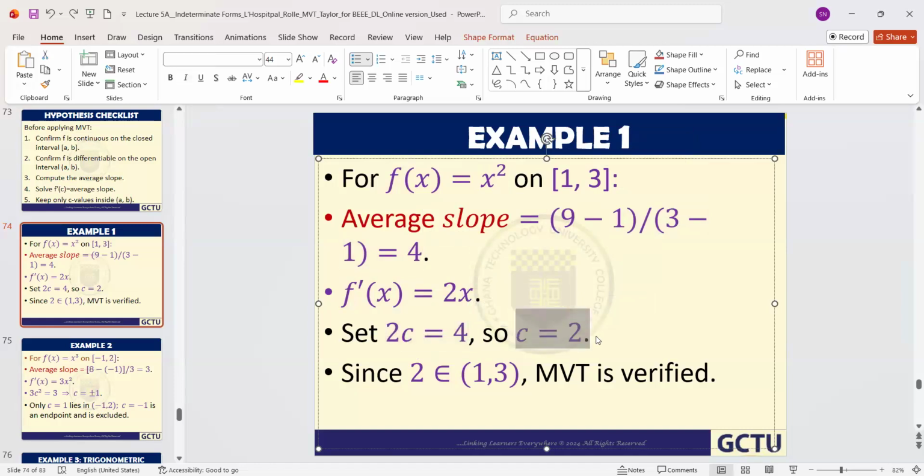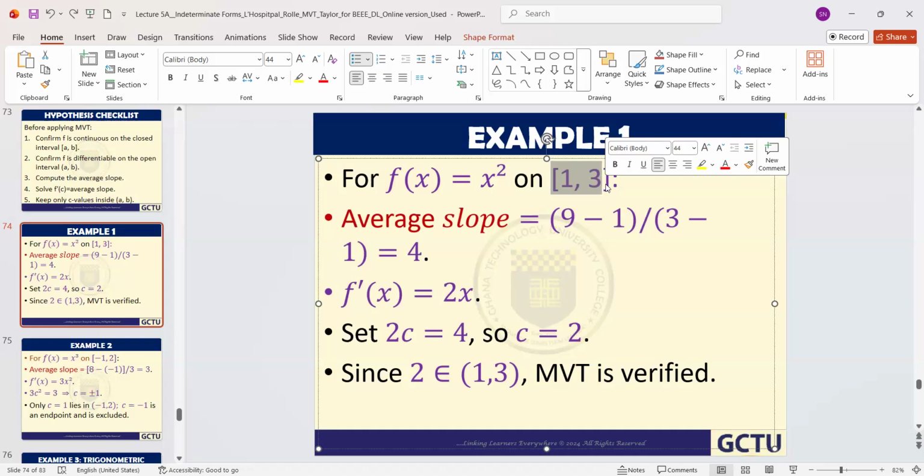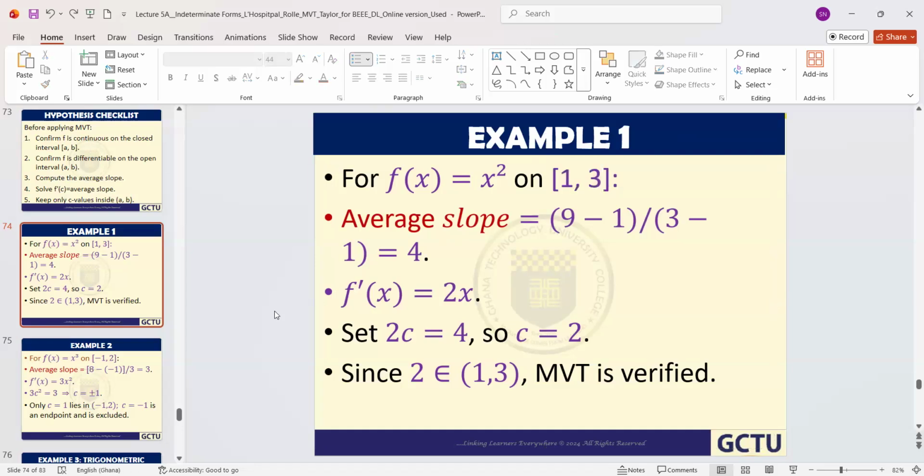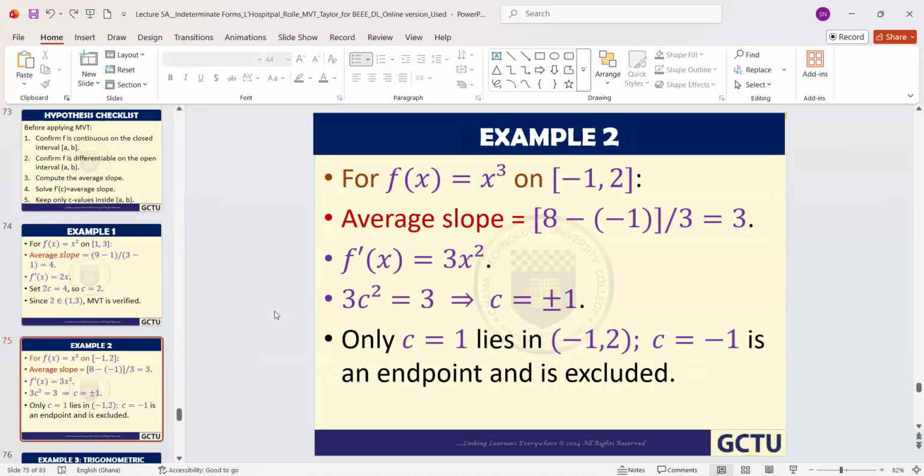And this value 2 is in the interval 1 to 3. So it's similar to Rolle's theorem, but here we have to find the slope, equate the slope to the differential, and show that the answer we get is in the given interval. So that is an example of the mean value theorem.